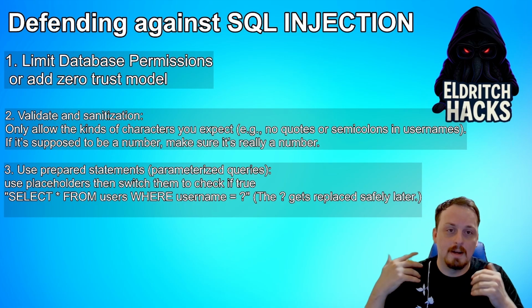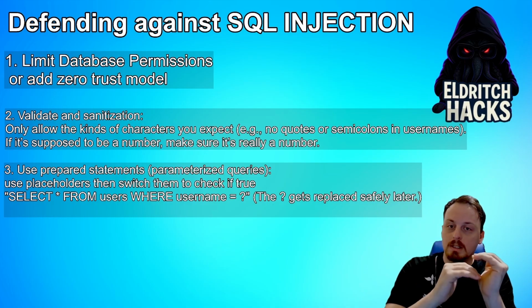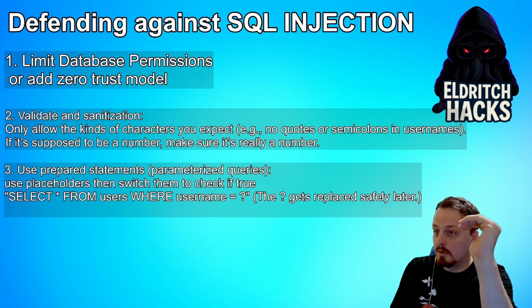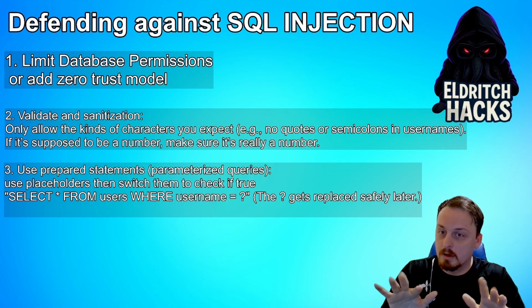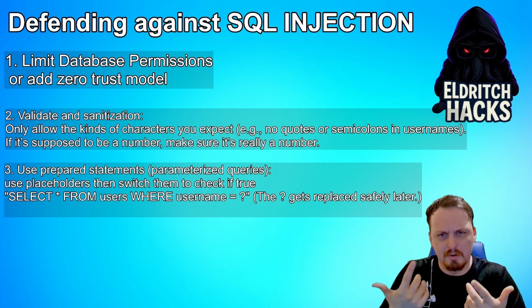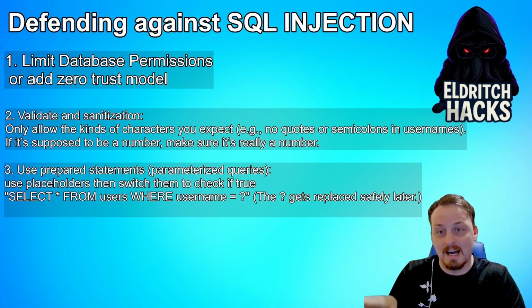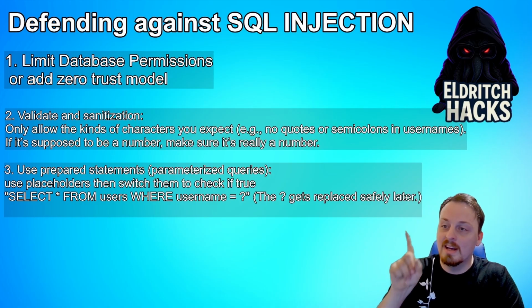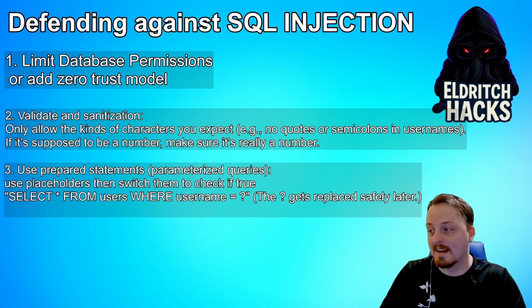So if I type in my name, and my password's 123, it says 123 now replaces the question mark, then it checks if it's true, and then it's like, okay, that's a true statement, you're good to go, instead of me being able to type in whatever code I want. So it's just a different approach. This one's a little bit more popular, a lot more complex, and stops a lot of stuff. So if you really can and you have a good understanding of how to code, doing prepared, parameterized queries is probably the best move when trying to defend against these attacks.